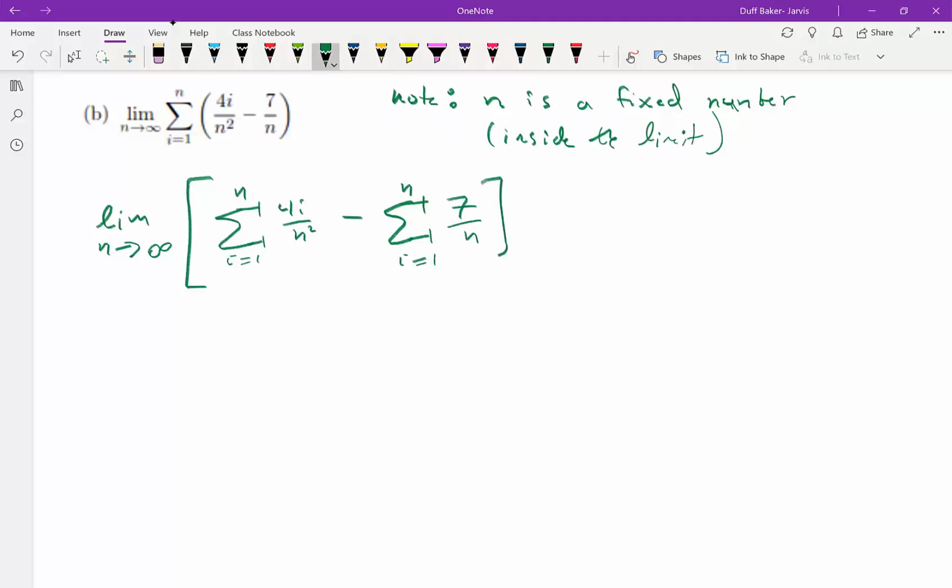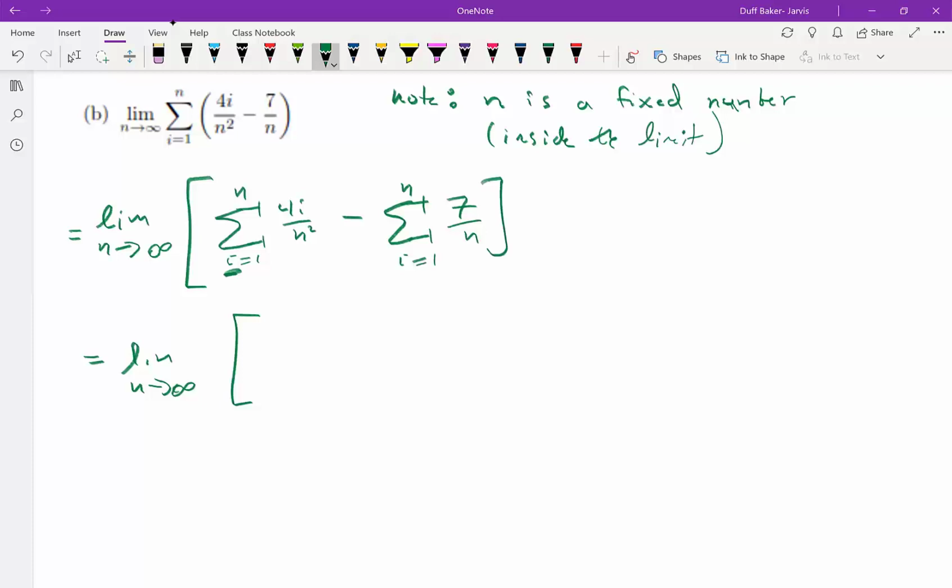Okay, and we want to get them to a place where we can use the formulas we learned last time, which is basically just if you have an i squared, an i cubed, or a constant inside the limit. And so the way we would do that is you can pull anything through a limit that doesn't involve your counting variable, your counting index.